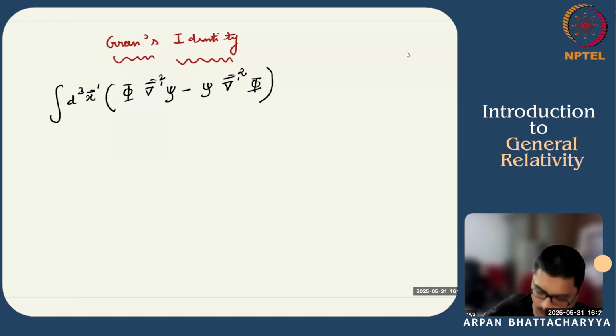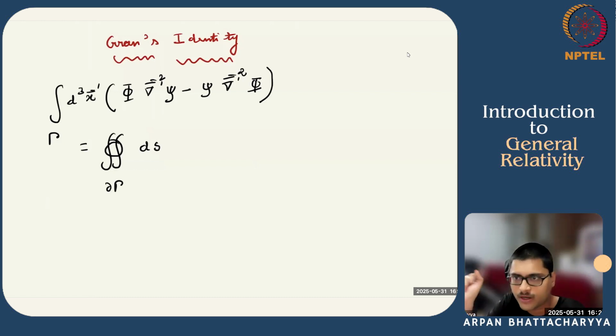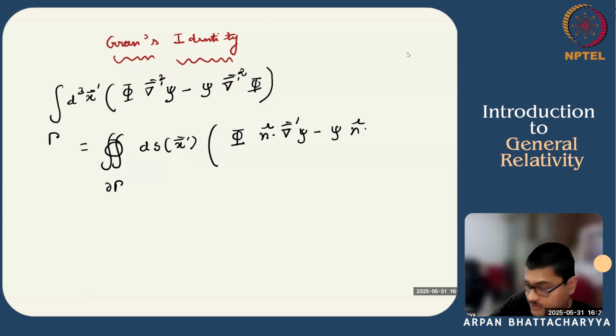We consider the volume integral of these two functions phi and psi and take this combination, and we can show that it is equal to the following surface integral over the boundary. dS is the infinitesimal area element of the surface, and n denotes the normal derivative to the surface.